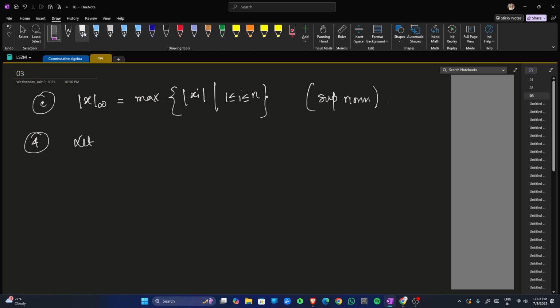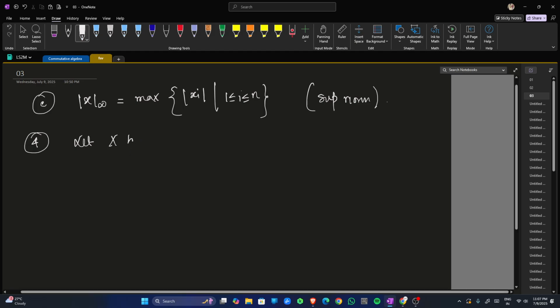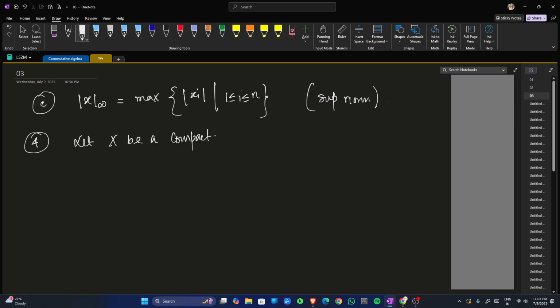Let X be a compact topological space. Define C(X) as the set of all functions f from X to K such that f is continuous.